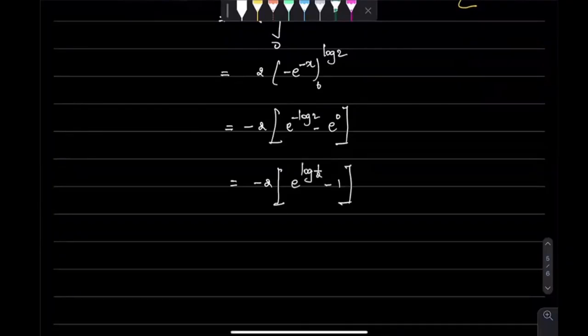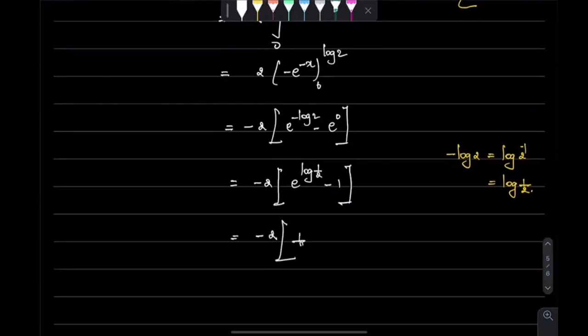Because minus log 2 can be written as log of 2 power minus 1, which is nothing but log of 1 by 2. I'm applying the power rule here, just simplifying, children. Since exponential and log are inverse functions, I get minus 2 times 1 by 2 minus 1.